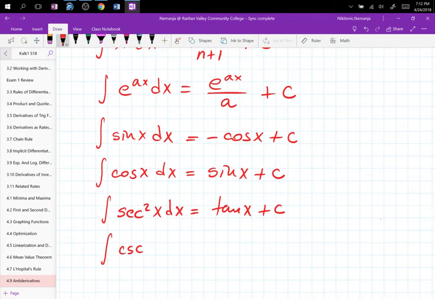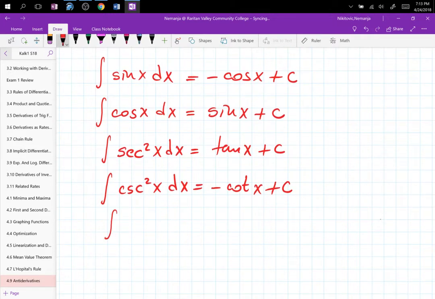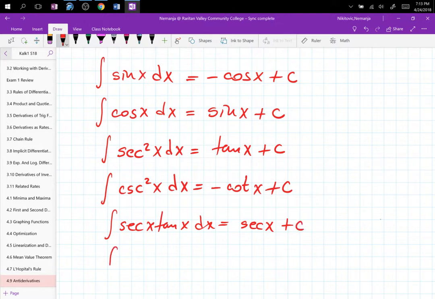Integral of cosecant squared x dx is negative cotangent x plus c. Integral of secant x tangent x dx is secant x plus c. And finally, integral of cosecant x cotangent x dx is equal to negative cosecant x plus c.